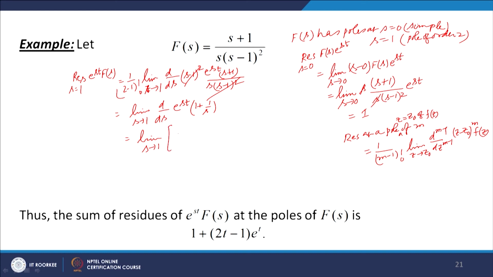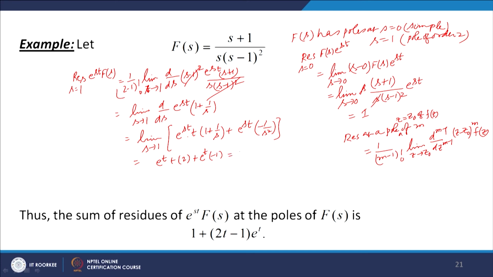So, this is the limit as s tends to 1 of the derivative of e to the power st, which is e to the power st into t, times (1 plus 1 by s), and then e to the power st into (minus 1 by s square). When s goes to 1, what do we get here? So, e to the power t, and then we get t here, 1 plus 1 is 2, and here we get e to the power t, and then minus 1.